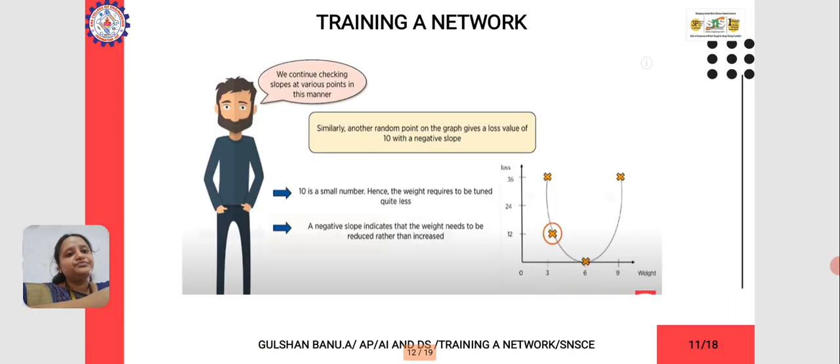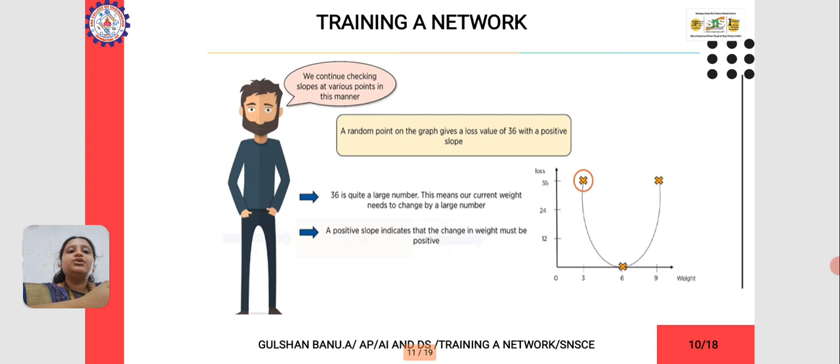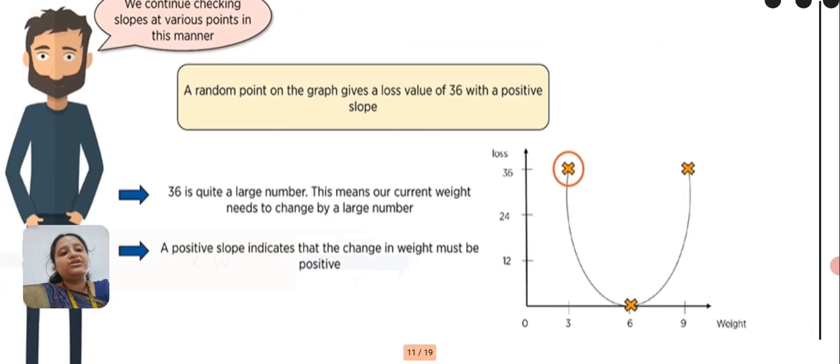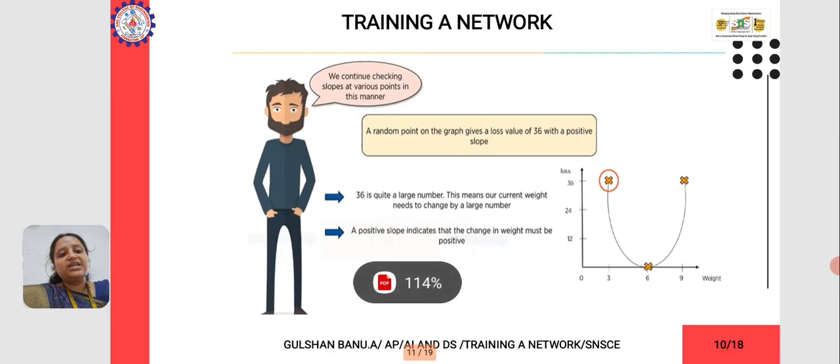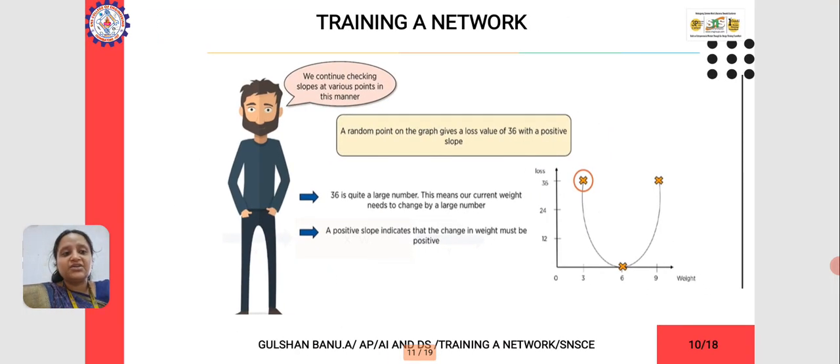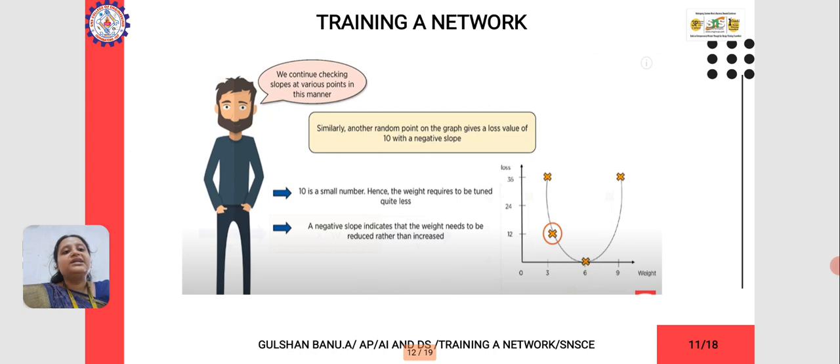Now when you see this, the errors you have got are 12, 0 and 36. 36 is quite a big value, so it will come back and check the given value. You can change the different values which have been given and detect the values.